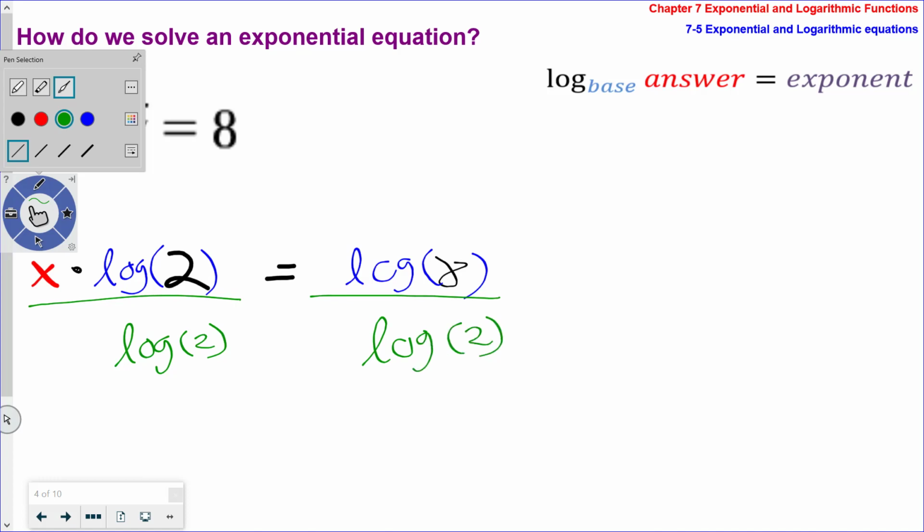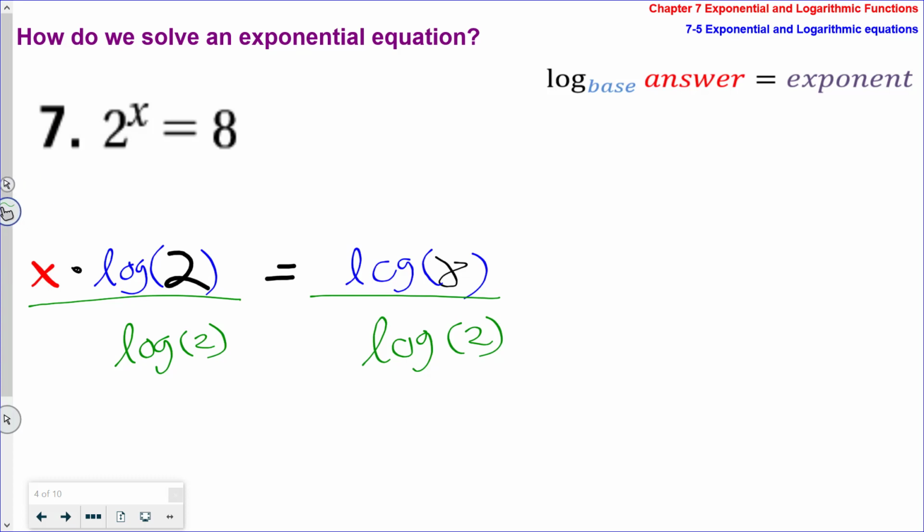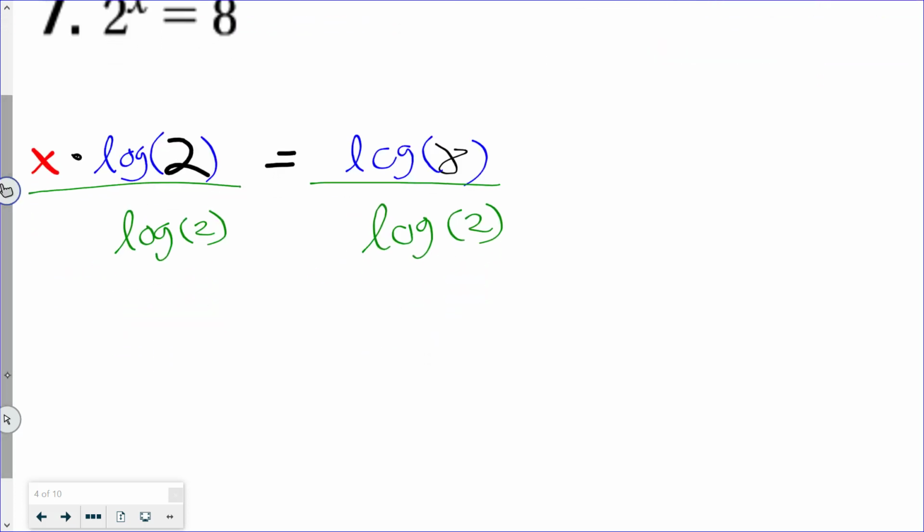Just to give you a quick refresher, I don't see a base here, so what's the base? 10. So it's log base 10 of 2. But since there's no base, we know that it's 10, right? In your calculators, log of 2 divided by log of 2. Anything divided by itself cancels out.